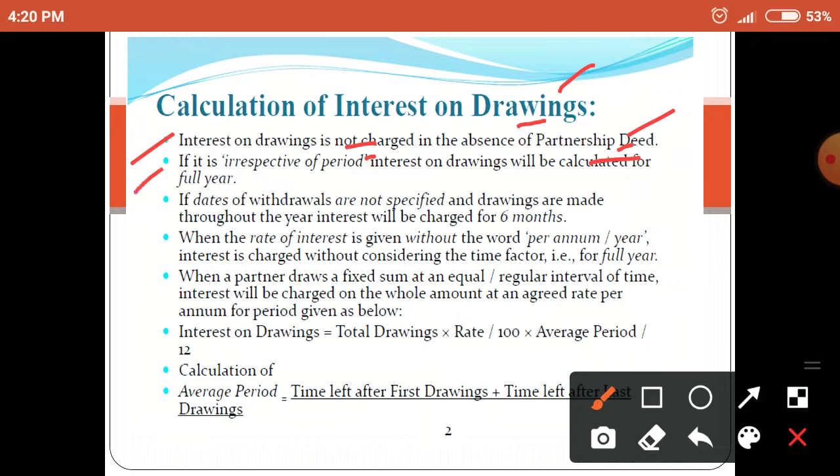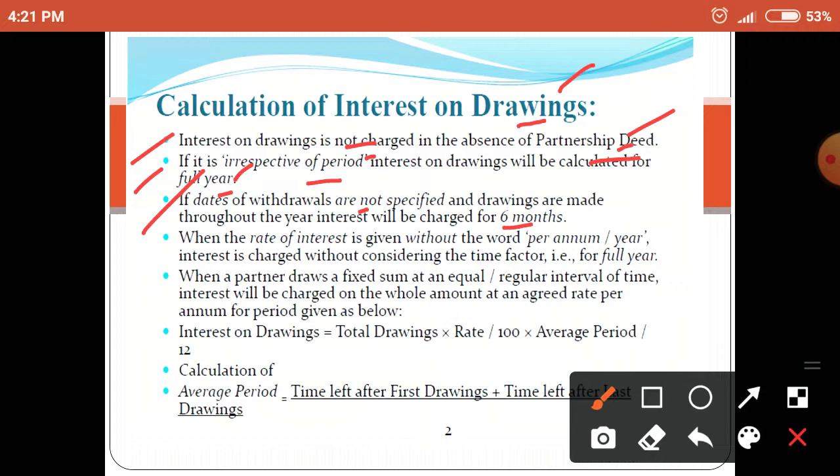Second, if it is not specified, interest on drawing will be calculated for the full year. If the period is not given in the problem, in such a case you have to calculate the interest on drawing for the full year. Third, if the dates of withdrawals are not specified and drawings are made throughout the year, interest will be charged for 6 months.